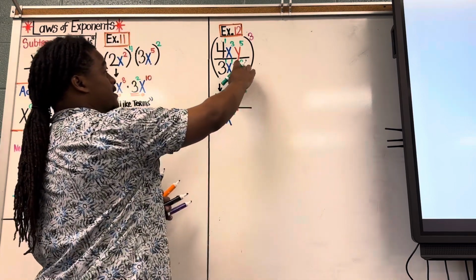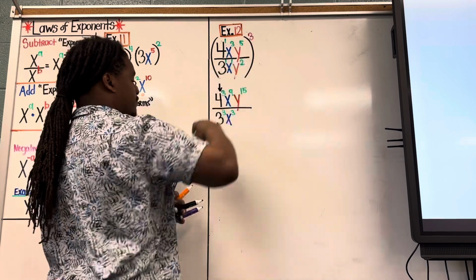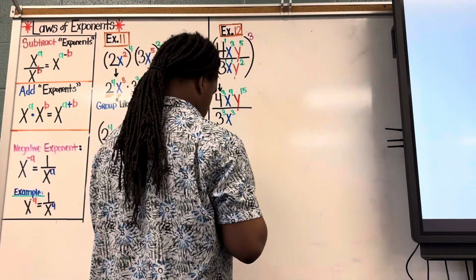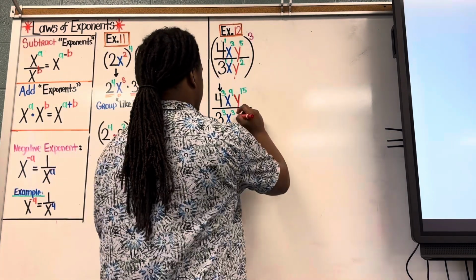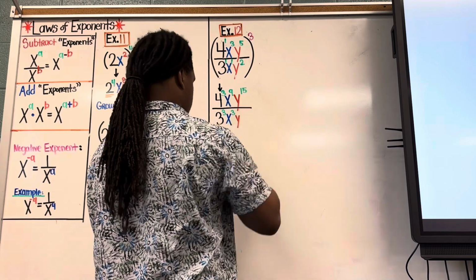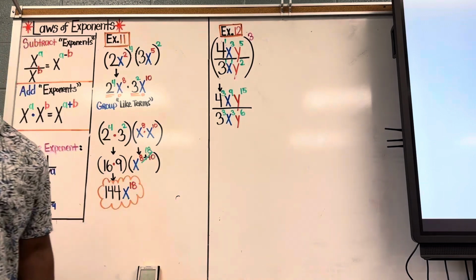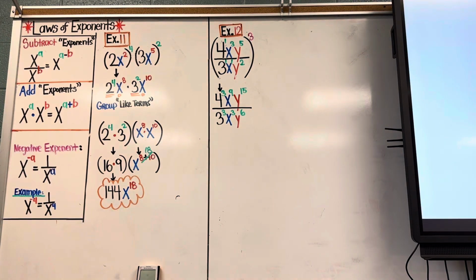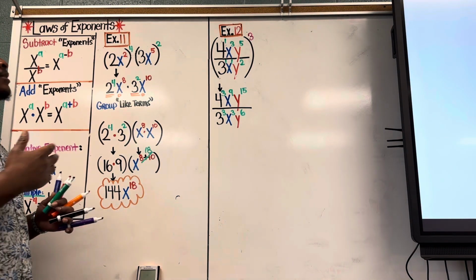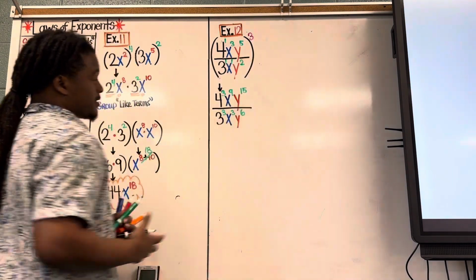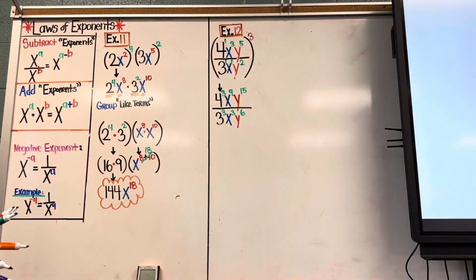And then y to the second power, the power of 2 times the power of 3 is 6, so it's y to the sixth power. We have successfully got rid of the power on the outside of the parentheses, where everything is to that particular power.